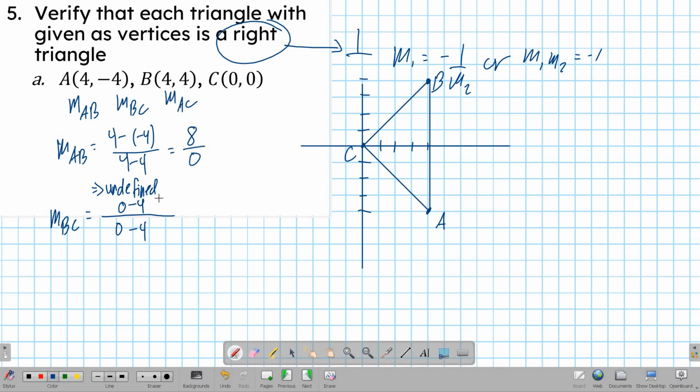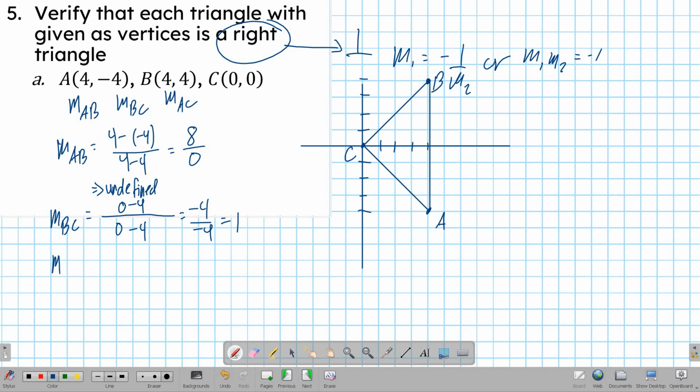Yeah. So 0 minus 4 is negative 4. 0 minus 4 is negative 4. Negative 4 divided by negative 4 is 1. So the slope of BC is equal to 1. If the slope of AC that we will get would be the negative reciprocal of 1, then lines BC and AC are perpendicular.